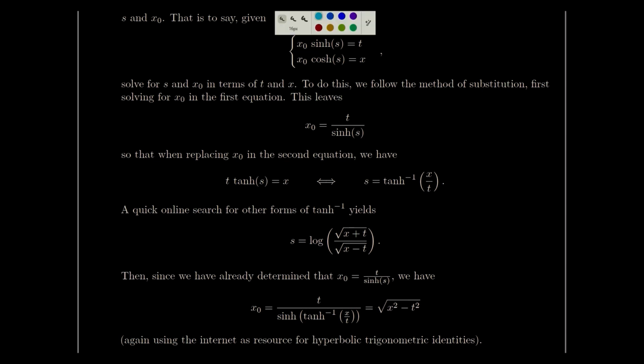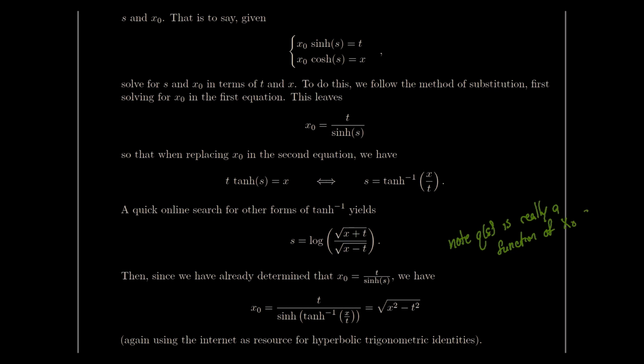So what have I just found? Let's make sure we know what we just did at this very last stage. I've solved for s and I've solved for x naught in terms of the variables x and t. Note, q is really a function of x naught and s, because q emanates from the boundary.